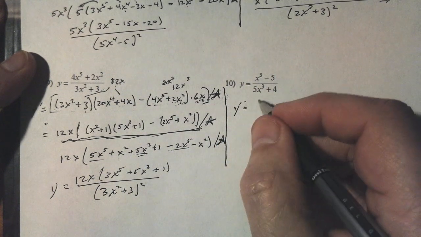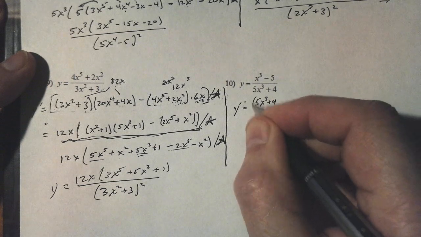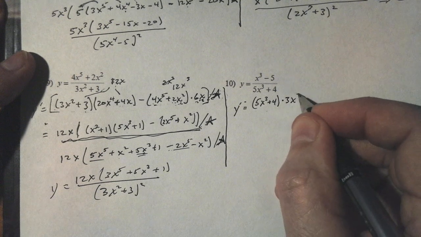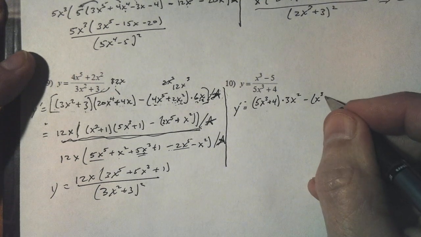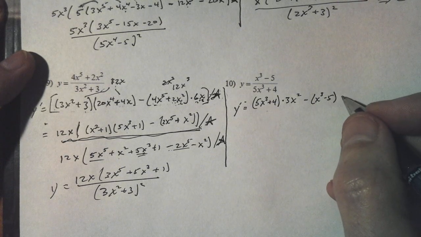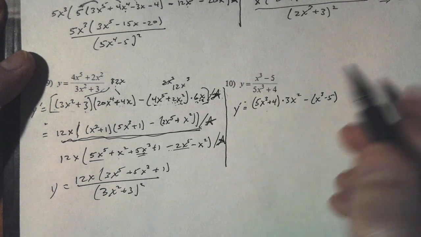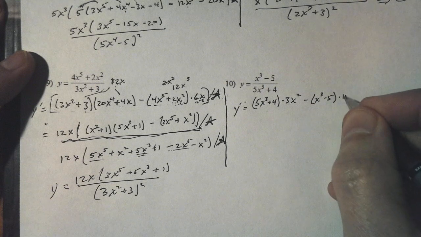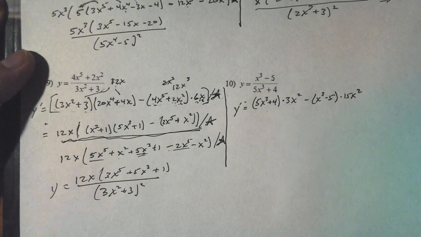Y prime, low, 5x cubed plus 4, d high, 3x squared, minus high, x cubed minus 5, d low. Oh, this one's actually going to be a little bit nicer because we have constants twice. High, d low times 15x to the second.